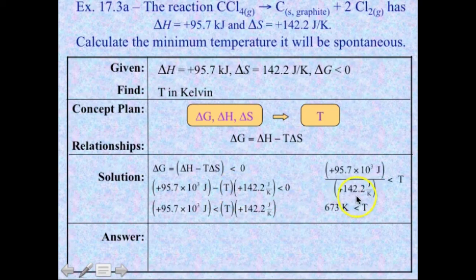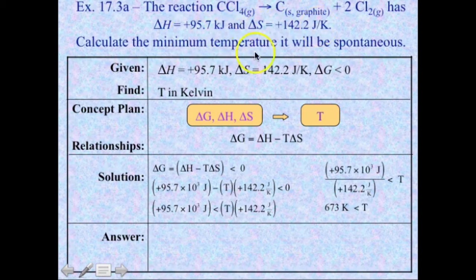So you just divide the 95.7 times 10 to the 3 joules, that's the change in enthalpy, by the entropy. Quick note, remember to convert from kilojoules to joules so that the enthalpy and the entropy are using the same units. Enthalpy is usually given in kilojoules and entropy in joules.